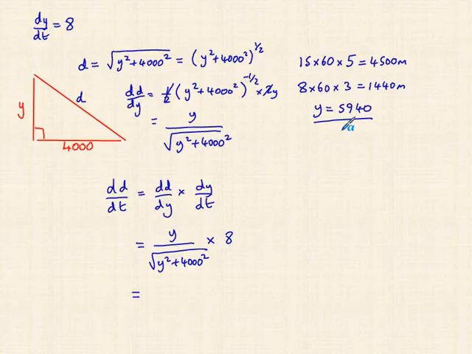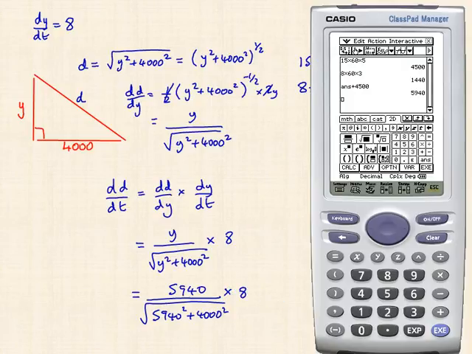We know that y is 5,940. So that's 5,940 over the square root of 5,940 squared plus 4,000 squared multiplied by 8. So we just need to calculate that.